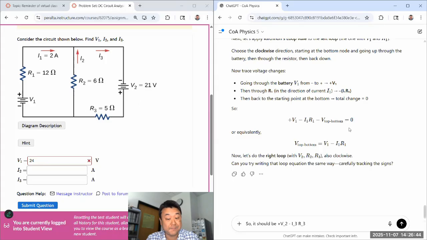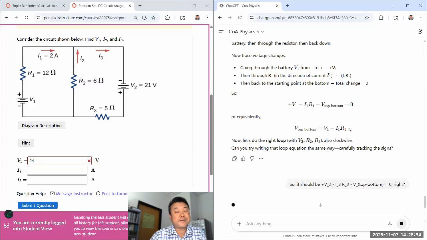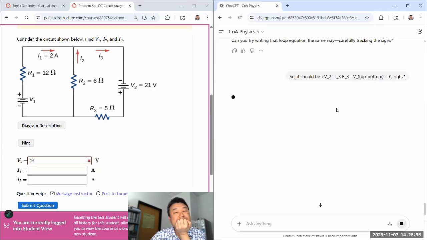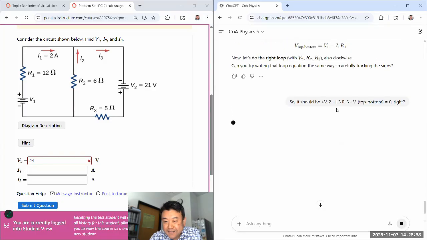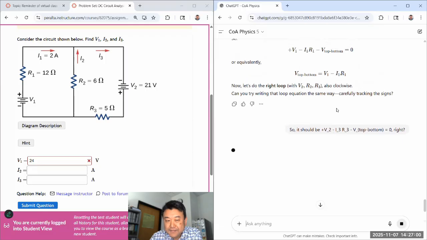I'm just going to copy that minus V top bottom, and this is a mistake, right? And let's see. Correct. This is, by the way, one of those things where if you're using our loop rule with the sign conventions, I think this kind of mistake would be less likely to be made.